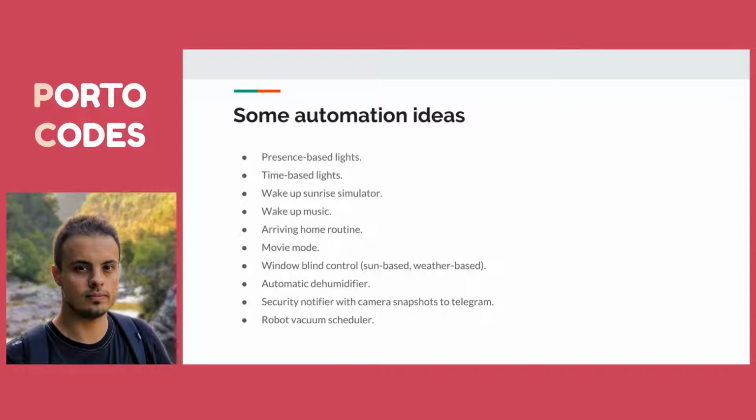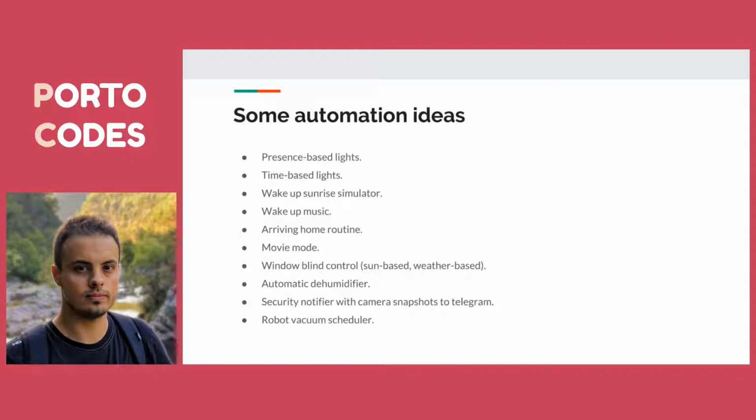Having some automations when you get home. So you get home, you click on a button, or you say Alexa, hello, and having things like your windows opening or the TV turning on automatically. Imagine you go every day to the bedroom to change clothes, the bedroom light is already on.